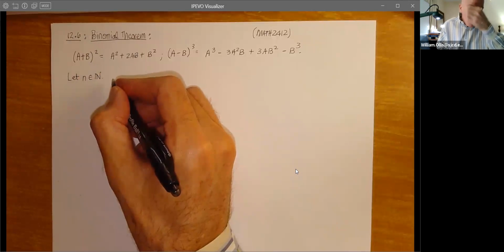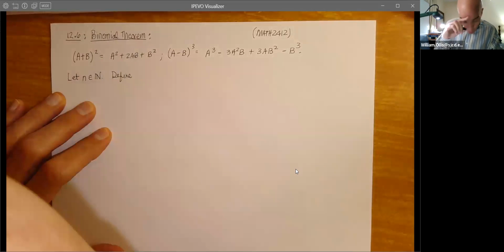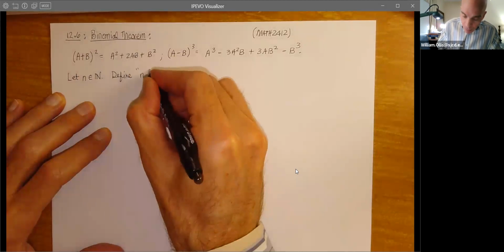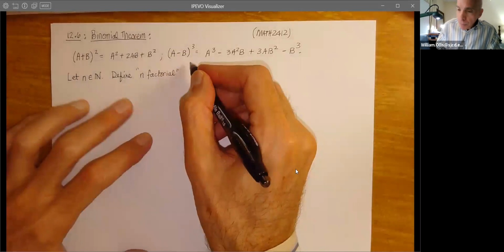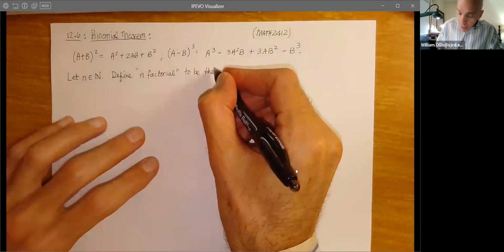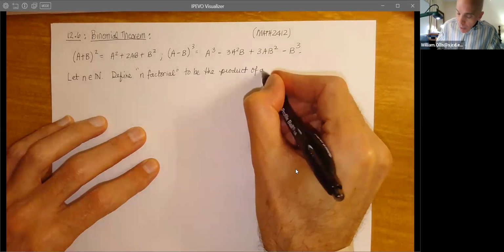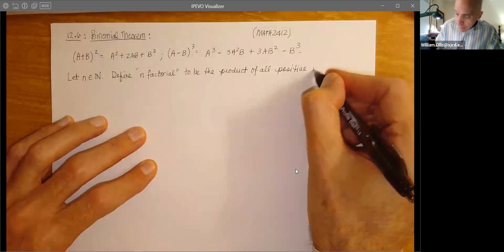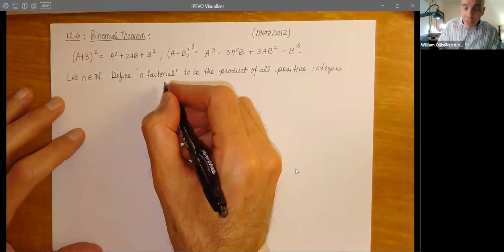And what we want to do is define, at least in terms of words for now, n factorial to be the product of all positive integers less than or equal to n.